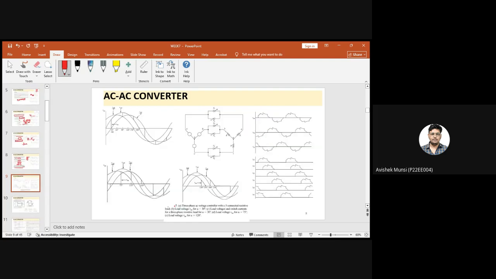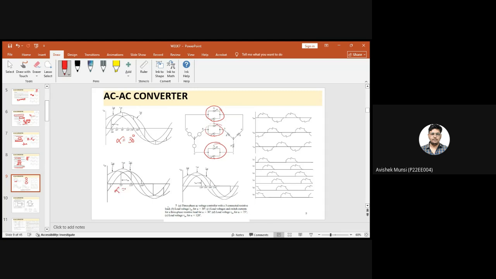Okay. Now in case of the three phase, we have three switch combinations here, and as we know alpha can start from theta. So here the alpha is starting from theta.